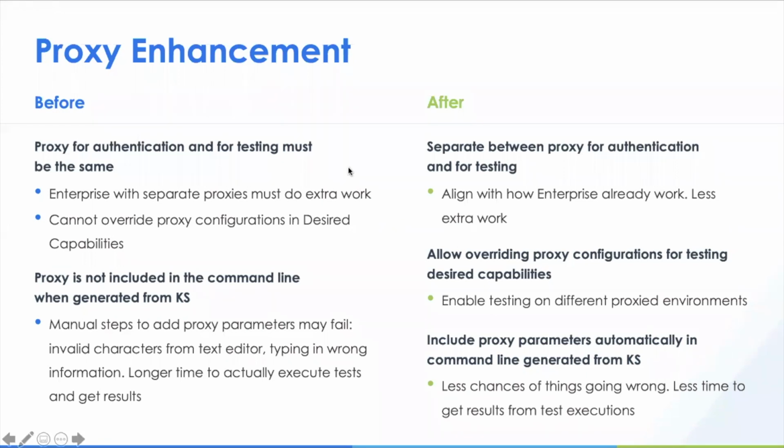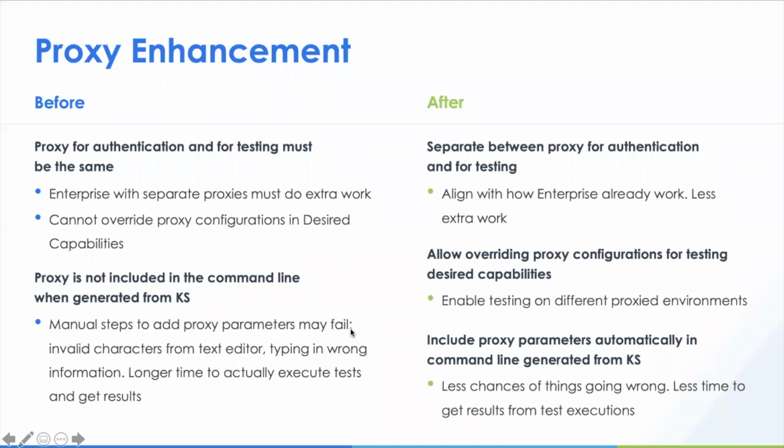And the second problem is that in the previous version, when you needed to run tests on runtime engine in a proxy environment, you had to manually type in the proxy parameters, and this opens doors to a lot of problems.